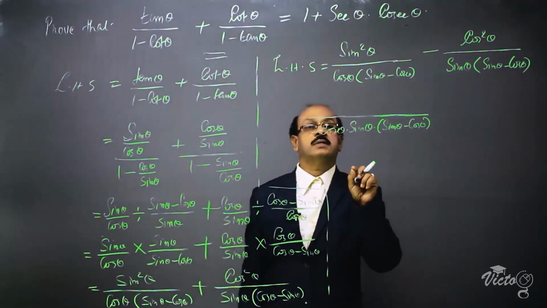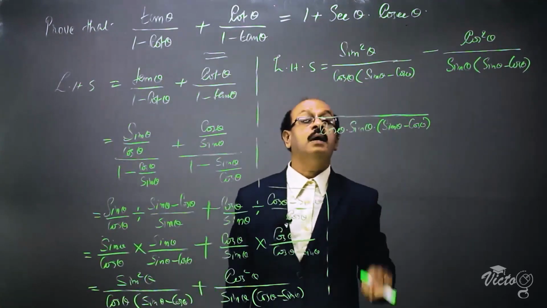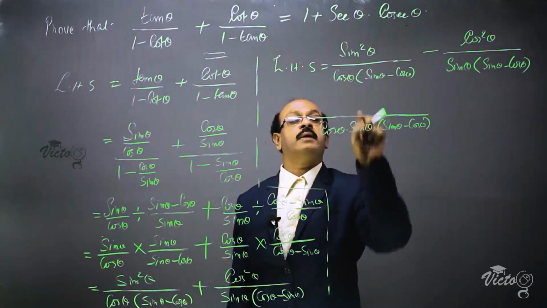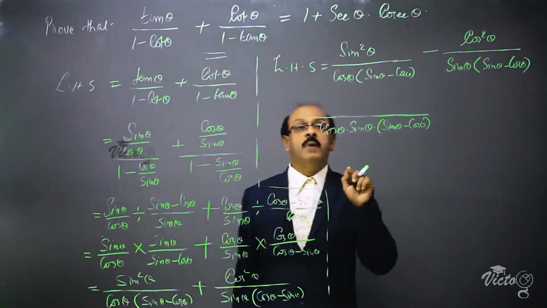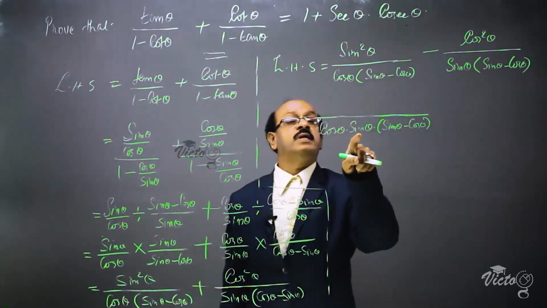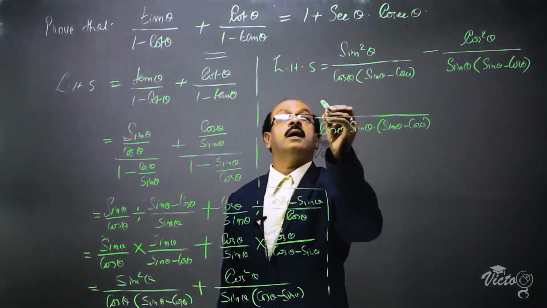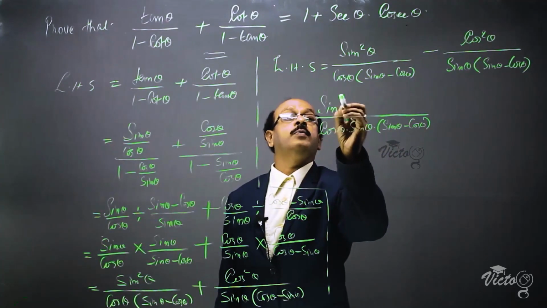The denominator of the first fraction lacks a sin theta. So we have to multiply the numerator with this sin theta which is absent here. So sin square theta into sin theta is sin cube theta.